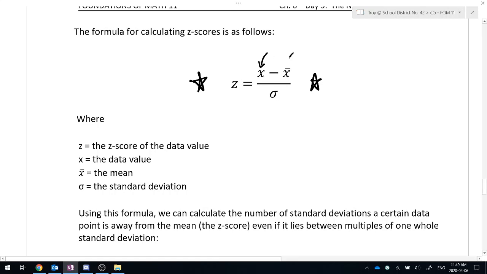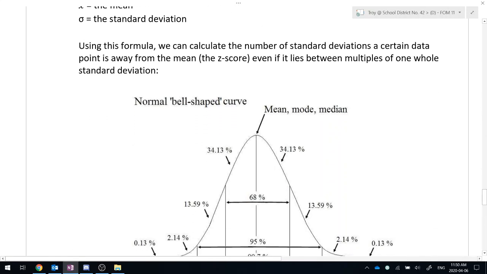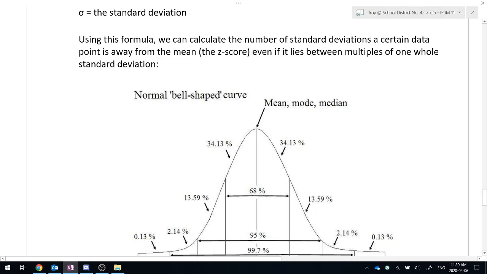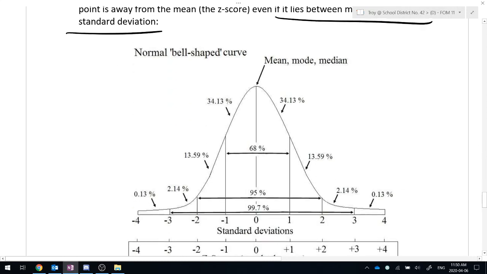From it we subtract the mean of the data, and then we divide it all by the standard deviation of the data. If we use that formula, we can calculate the number of standard deviations that any data point is away from the mean, even if it lies between whole standard deviations.